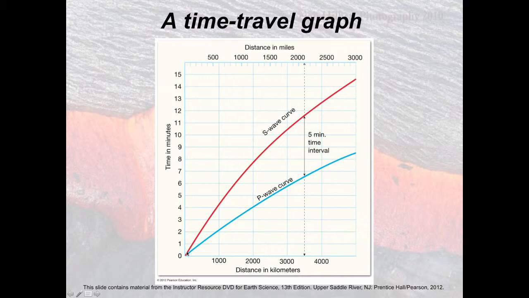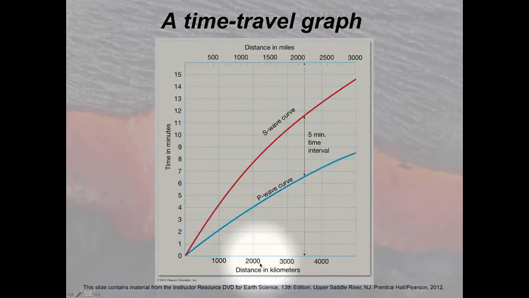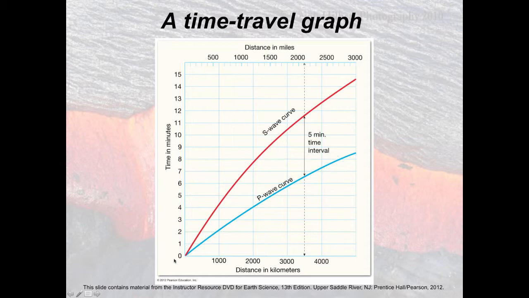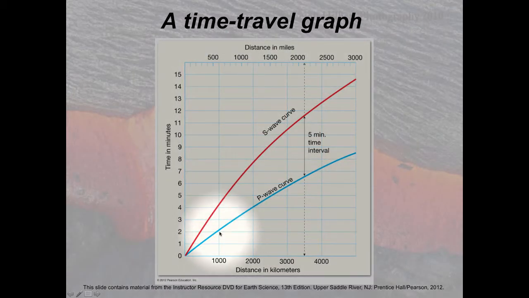So the S wave curve is the time it takes an S wave to travel through the solid Earth. So for an S wave to travel 1,000 kilometers takes roughly 4 minutes. An S wave travels 2,000 kilometers, let's find our 2,000, go up to the S wave curve, a little bit under 8 minutes. P waves, as we know, travel much faster. A P wave travels 1,000 kilometers in just over 2 minutes, and it travels 2,000 kilometers in just over 4.